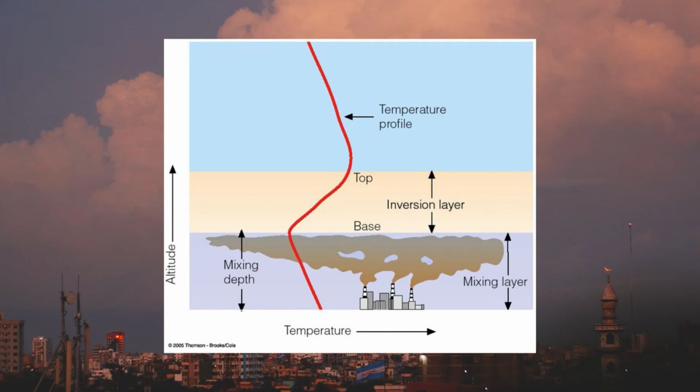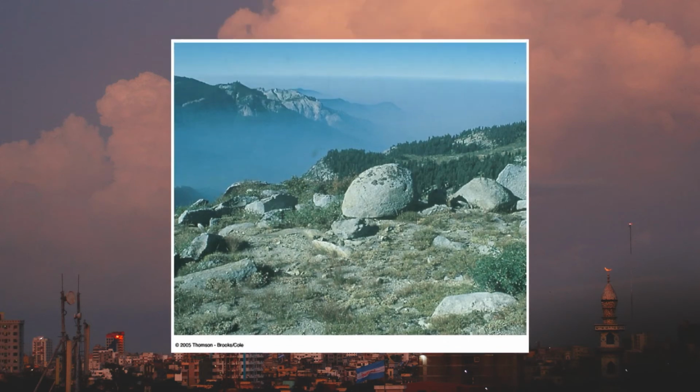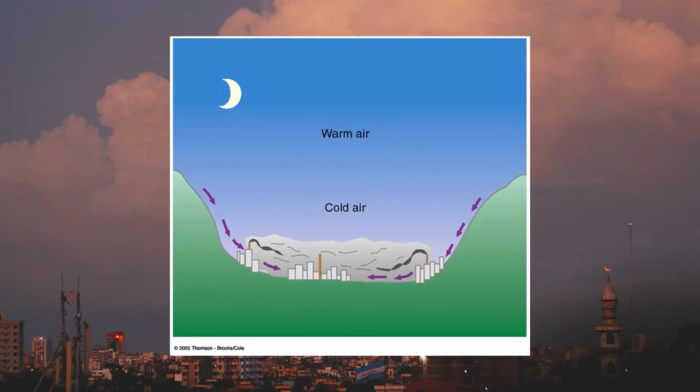As you go higher and higher, there may be an increase in temperature. This is normally called the inversion layer. And since the layer is very warm, the pollutants cannot disperse vertically, so they get trapped in this layer. Similar things occur in a valley also.